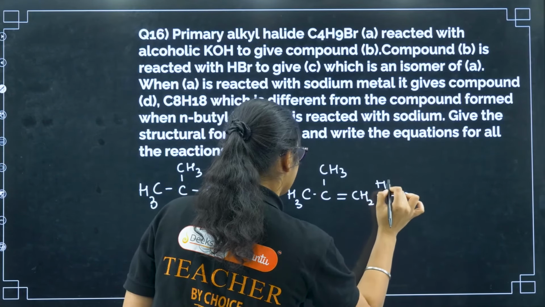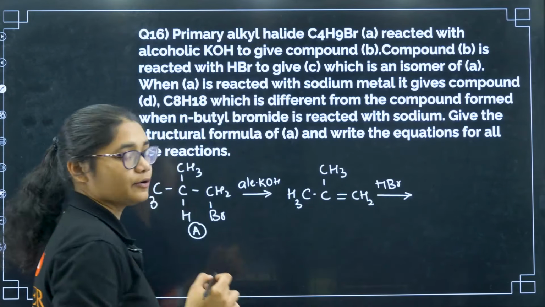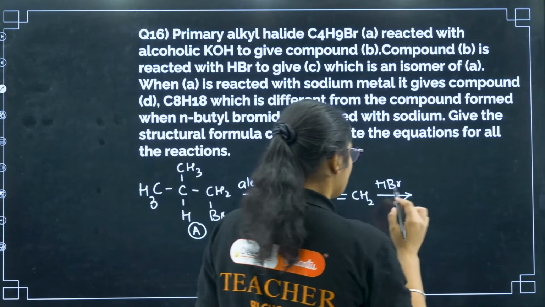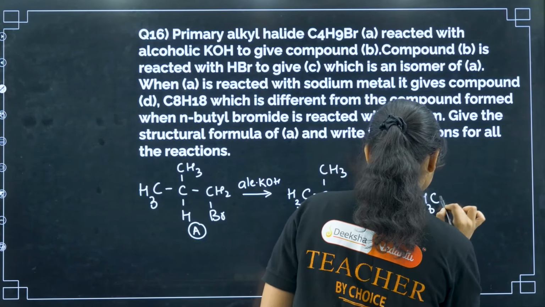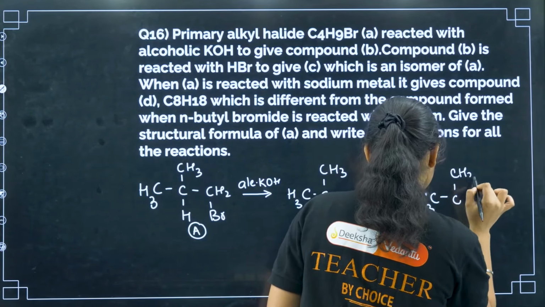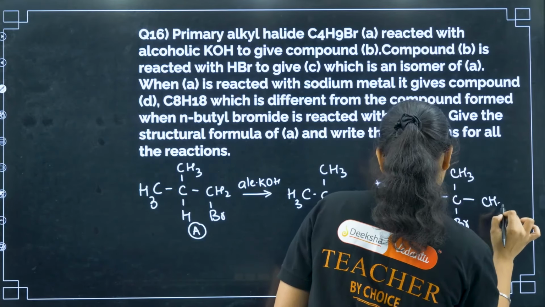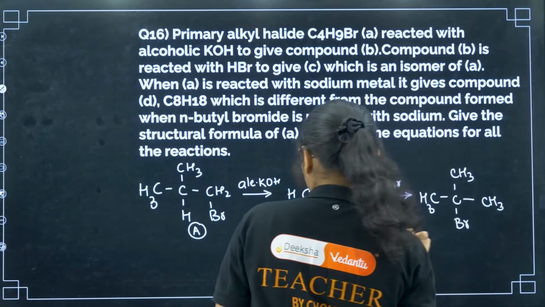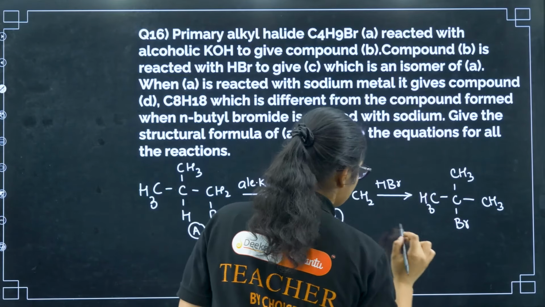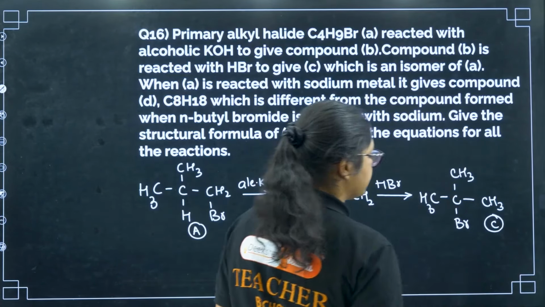Next, if I treat it with HBr, what will happen? Markovnikov's addition will take place, bromine will be attached here. Okay, so this is your A, this is B, and this is C.